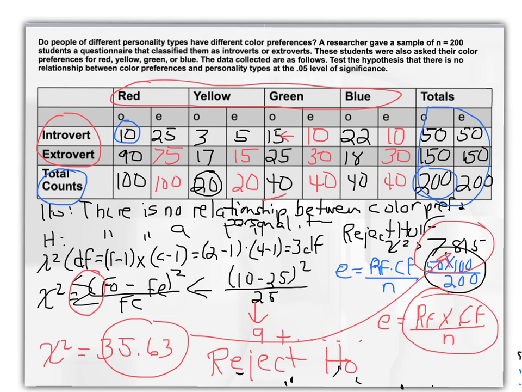However, when we observe the actual frequencies, it doesn't necessarily match the expected frequencies, and that's because there's a relationship. What determines whether someone prefers red or yellow or green or blue is the fact that there is a relationship between personality and color, and that it's not simply due to sampling error.